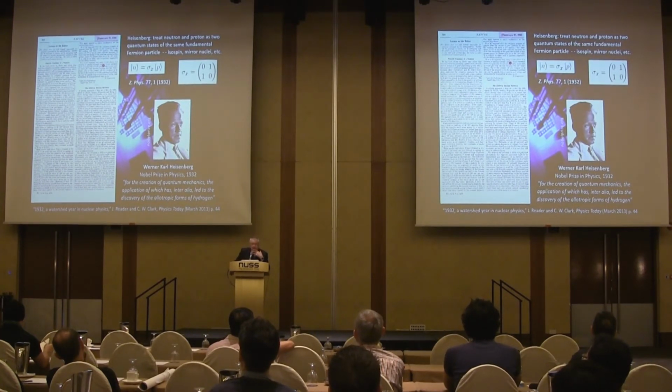It seems almost crazy because Heisenberg understood the neutron and the proton had the same mass. Well, one was neutral, one was charged. But he said, well, we should consider these to be two different levels of a two-state quantum system.